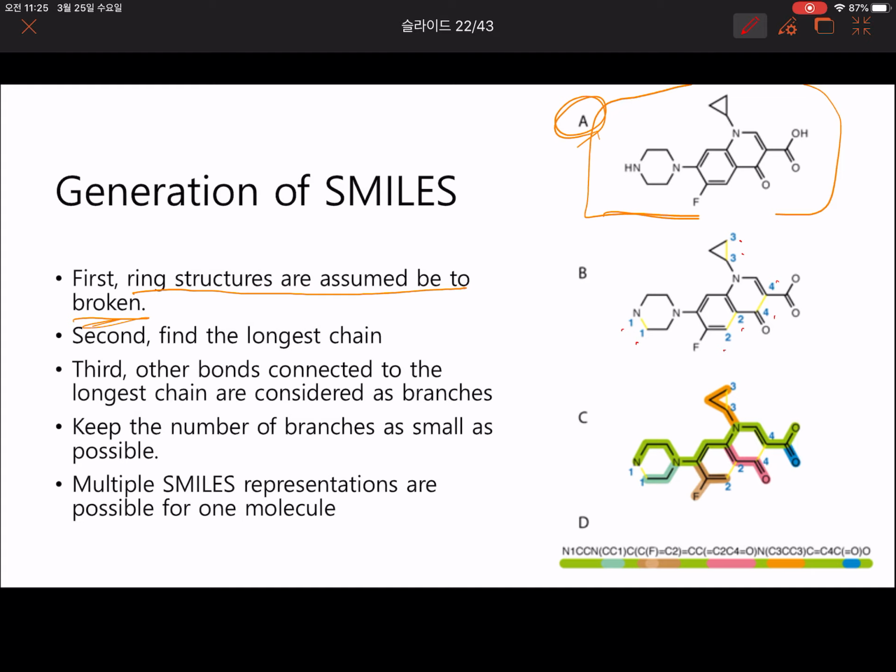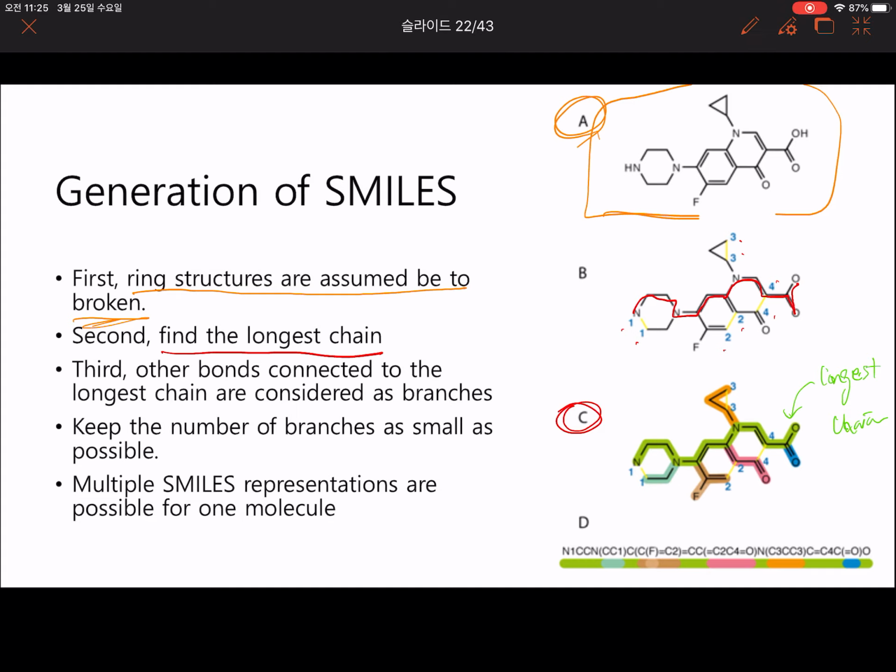The second step is we find the longest chain. After breaking all these rings, we find the longest chain. Which one is the longest chain in this molecule? If you follow this path, then it becomes the longest chain. The green line represents the longest chain.